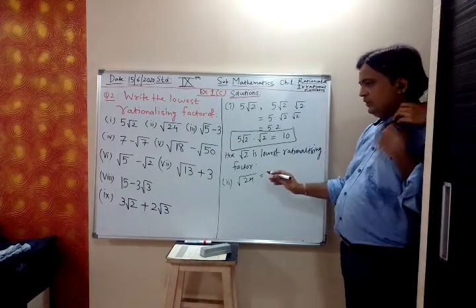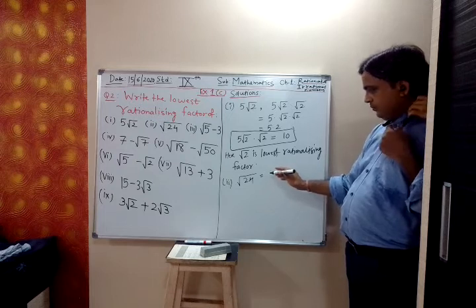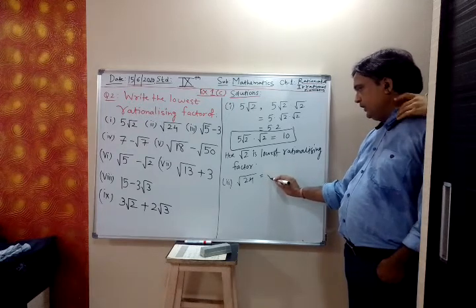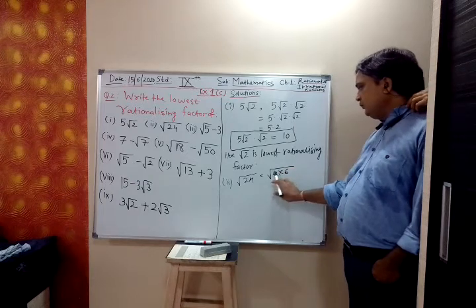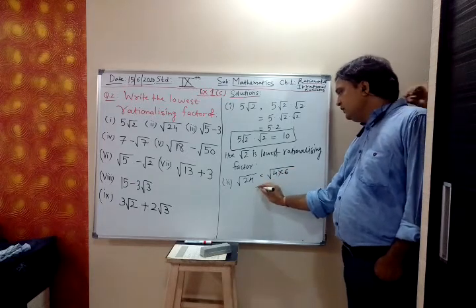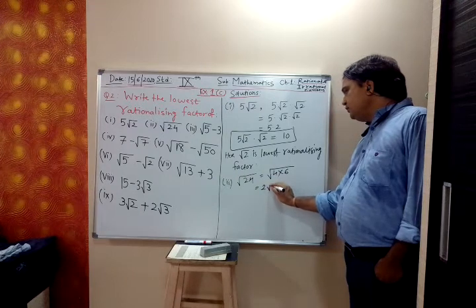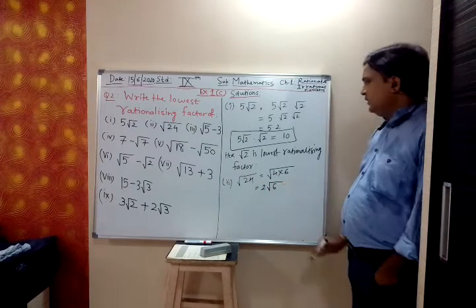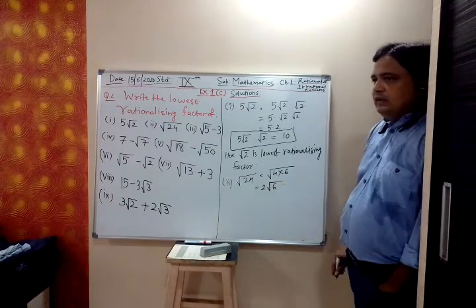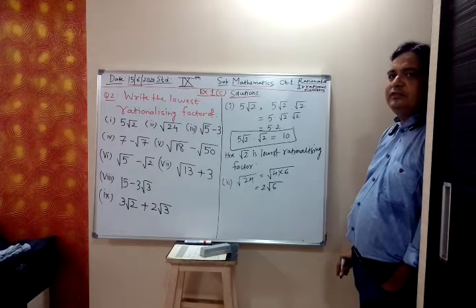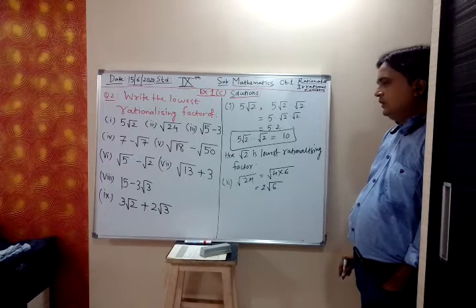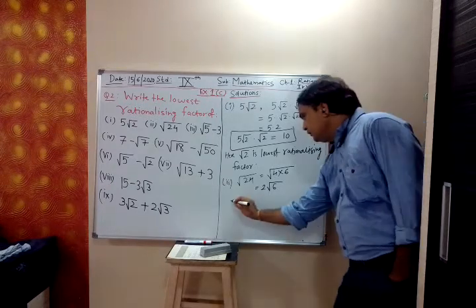Now let us take root 24. Root 24 I can write as 4 into 6. This 4 I can take outside the square root, that becomes 2 root 6. Now you will multiply this number by which number so that it becomes rational? Root 6.